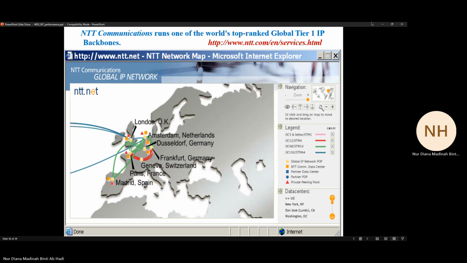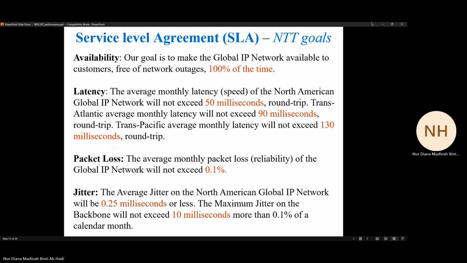Okay. So this is NTT Communications, running all over the world, where we look at the website ntt.net. So the SLA is our NTT goals, where it covers availability, latency, packet loss, and jitter. Okay. So usually the availability needs to be 100% all the time.